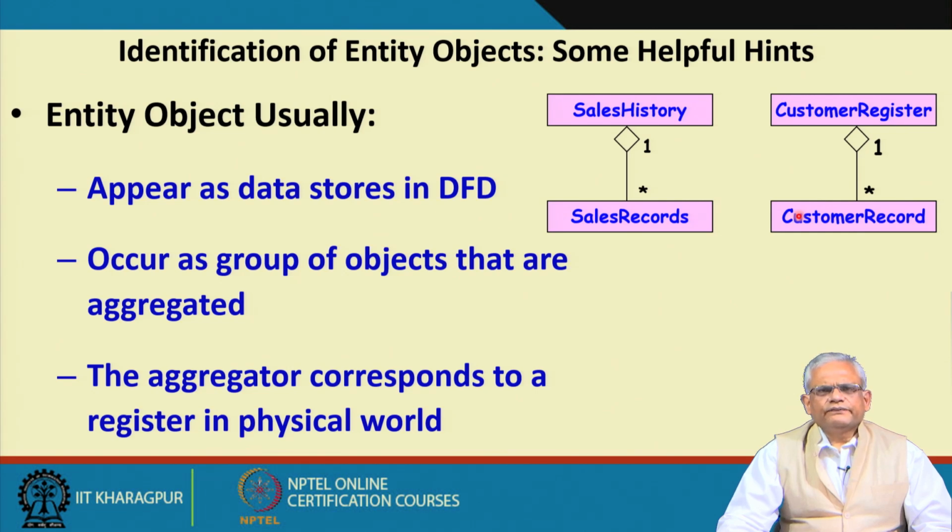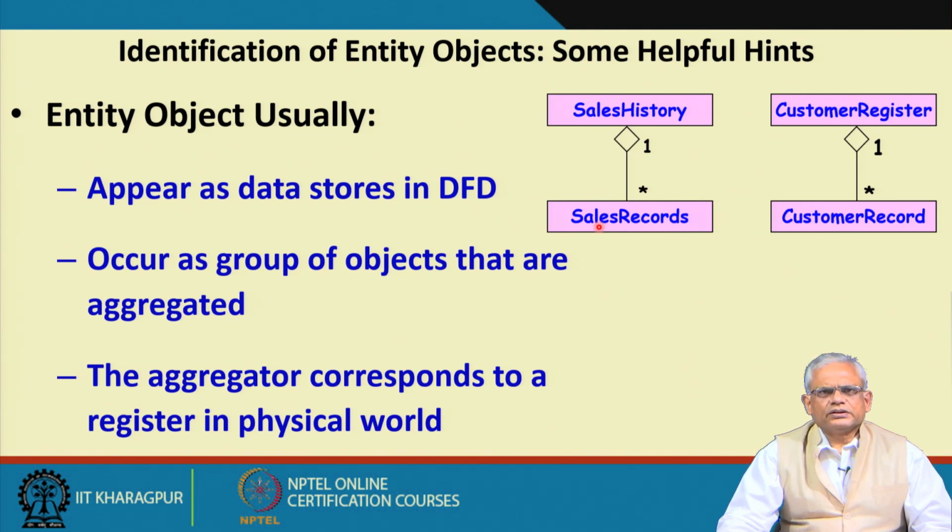So, when we identify the entity objects, these will typically appear like this, where we have these entity objects which store bits of data, and these are aggregated by the aggregator object like sales history. And we know from our discussion so far that the sales history object is the one which creates the sales records.